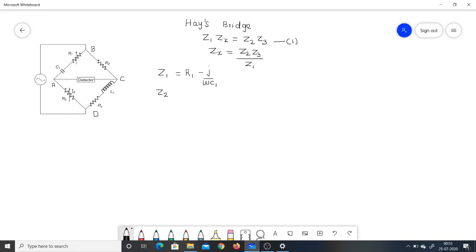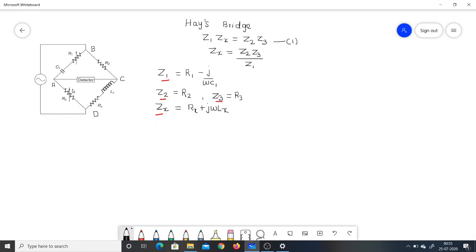My Z2 is a resistor R2 and Z3 is also a resistor R3 and my Zx is a resistance in series with an inductor. Now I'll substitute all these Zx, Z2, Z1 and Z3 in equation 1.